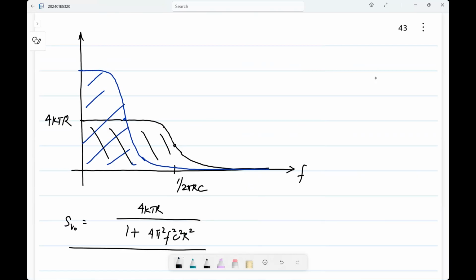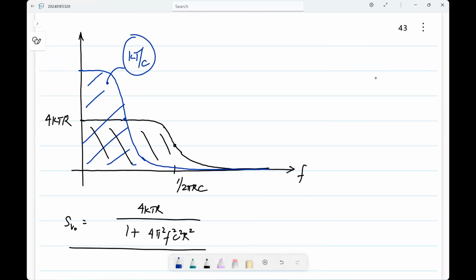As the resistance increases, the low frequency spectral density increases, but the bandwidth reduces in the same proportion, and it turns out they cancel out, and the integral is always kT by C. And this kT by C can also be derived from other fundamental physics relationships. We won't get into that, but this is again worthwhile remembering.